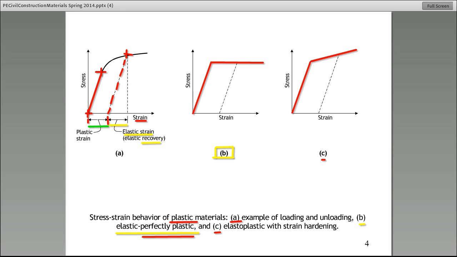All right? And since the slope changes, that refers to strain hardening. In other words, it takes a smaller amount of y for any change in x. Just remember, elastoplastic with strain hardening has two segments, both linear, but they have different slopes.